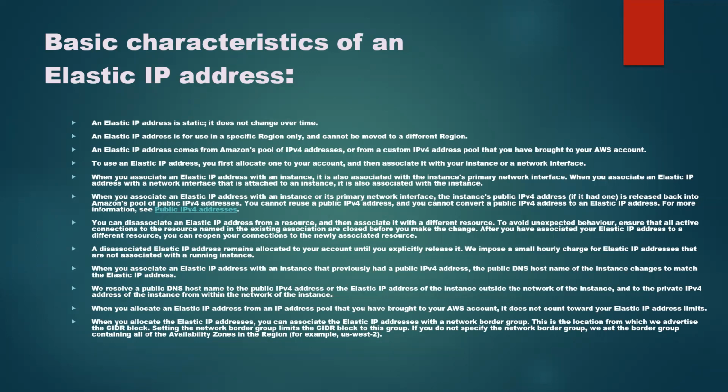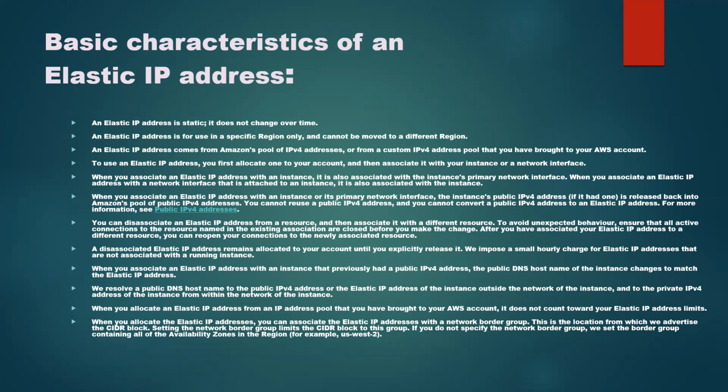Whenever you associate an Elastic IP address with an instance, it is associated with your instance's primary network interface. Whatever your primary interface is, it will be assigned to that one only, so it is attached to your instance.